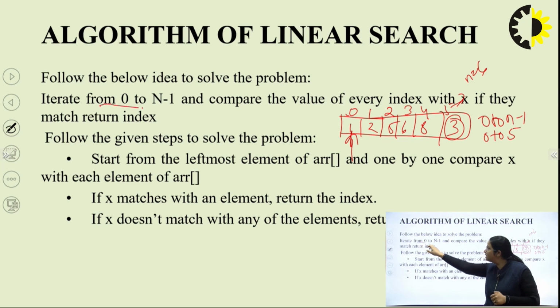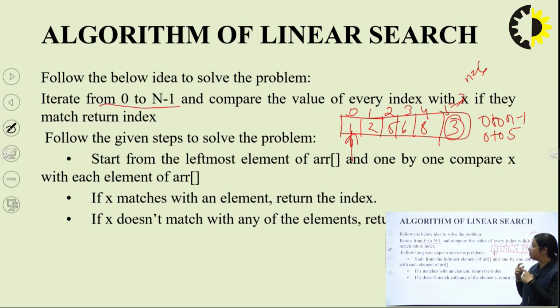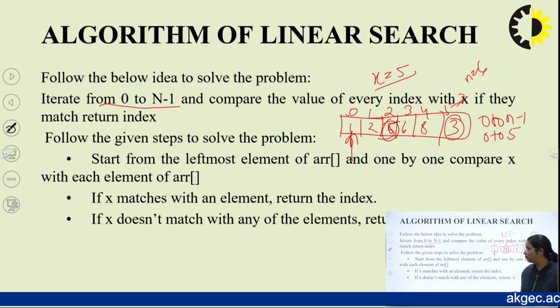That means we iterate our loop from 0 to n-1, and then we compare the value at every index. Suppose we want to find the element 5 in this array. Then we just compare each element of the array with this element. These are the steps for solving the searching problem.